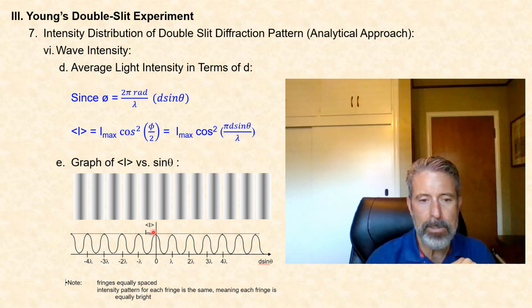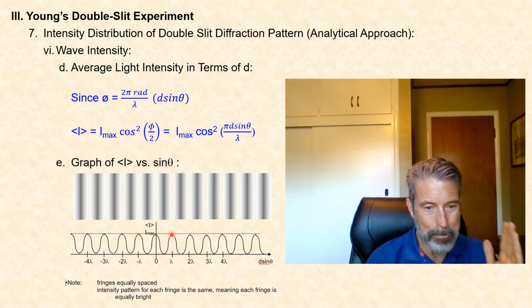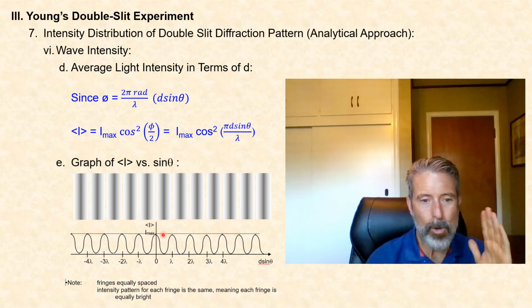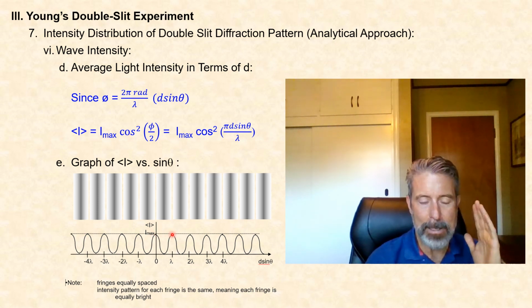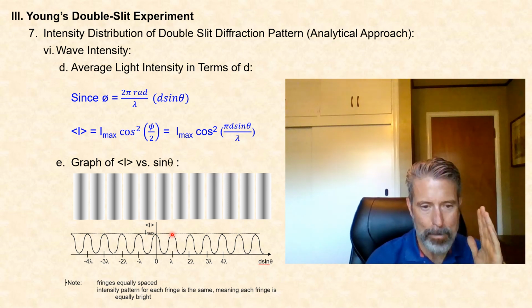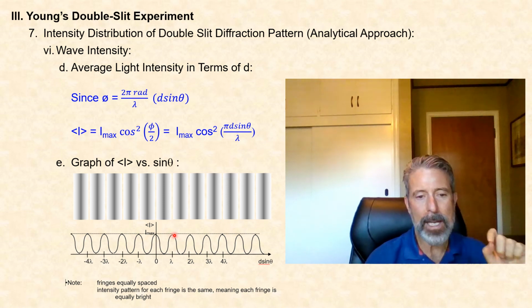Notice that each of these fringes in the case of double slit interference is equally bright. The 0th order and the 1st order fringe have exactly the same maximum light intensity or maximum brightness, as do all the fringes.